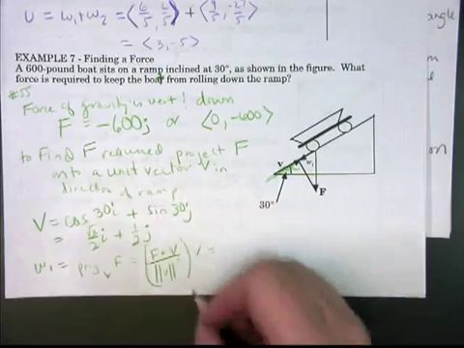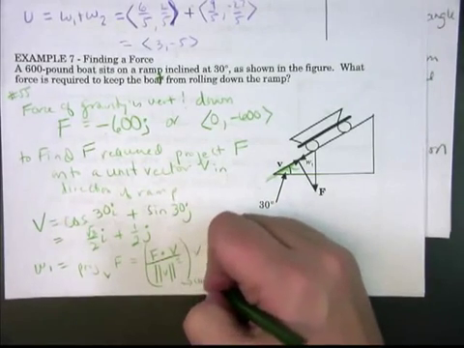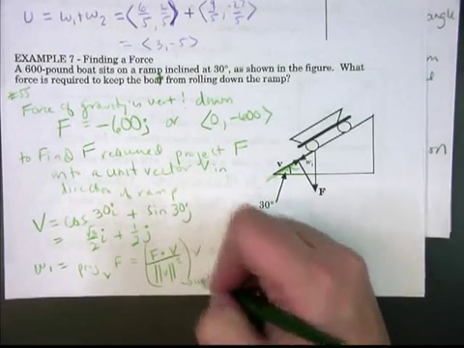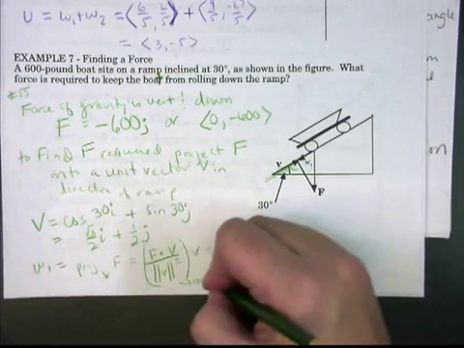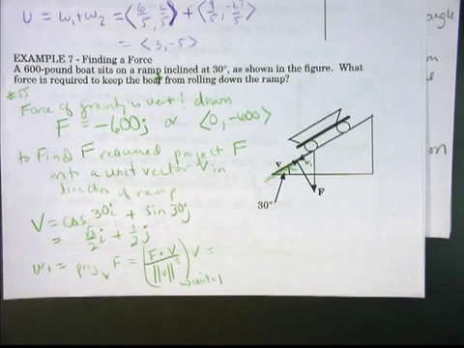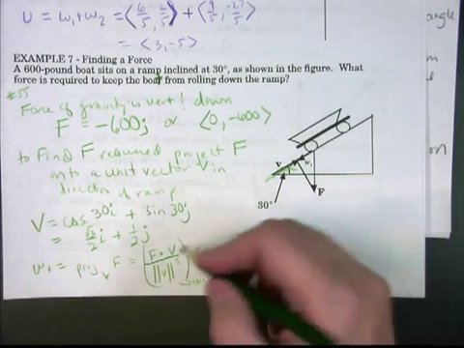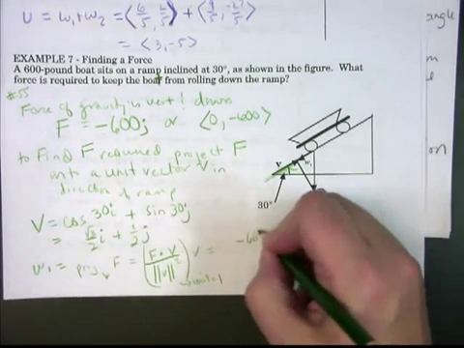Okay, because this is the unit vector, and that's what we said it was going to be, the unit vector, it equals 1. So in this instance, we don't care about the denominator. It goes away. We know the force is negative 600.